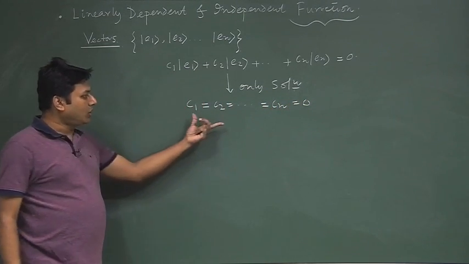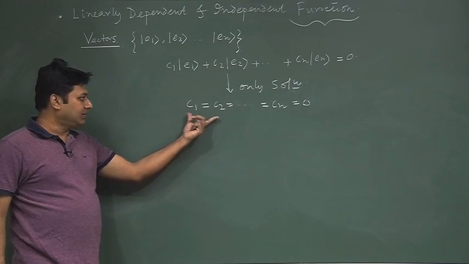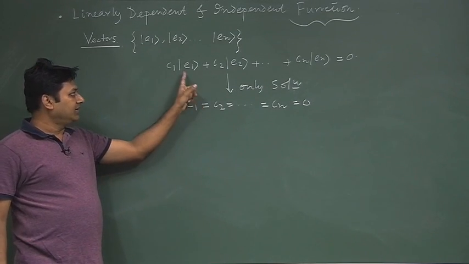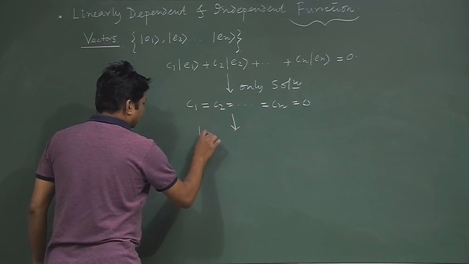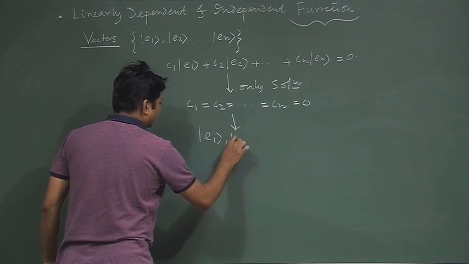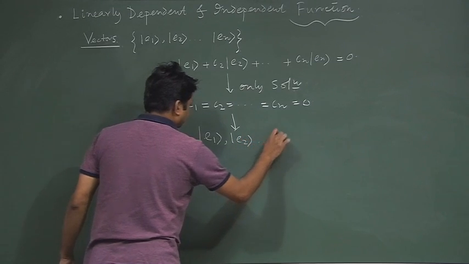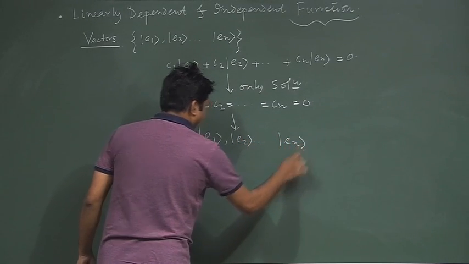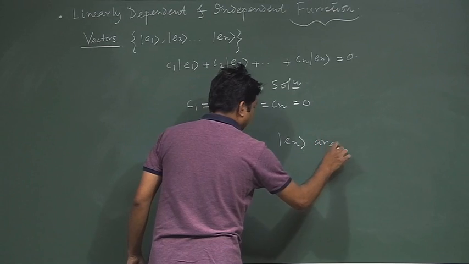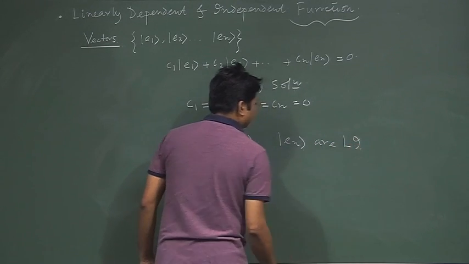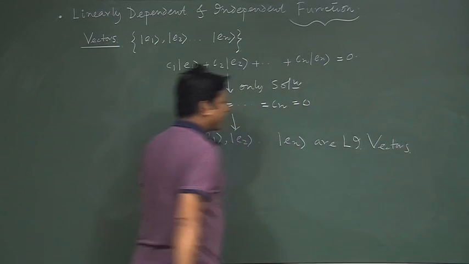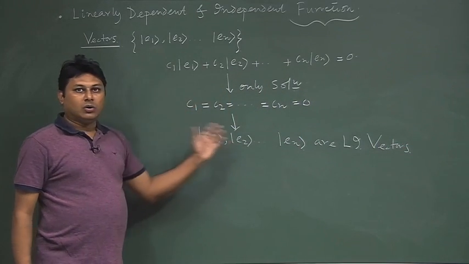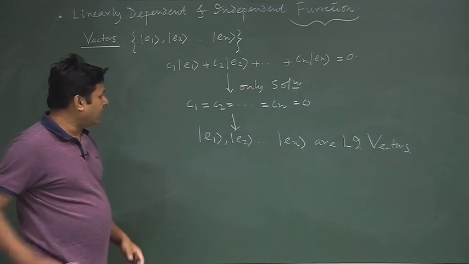If we have the only solution that these are 0, then my conclusion is that they are linearly independent vectors. It is just a recapitulation of what linearly dependent and independent vectors are. Okay, this same thing I just rewrite once again.